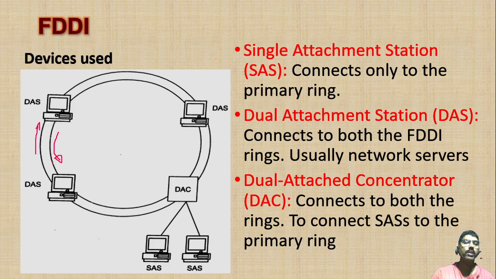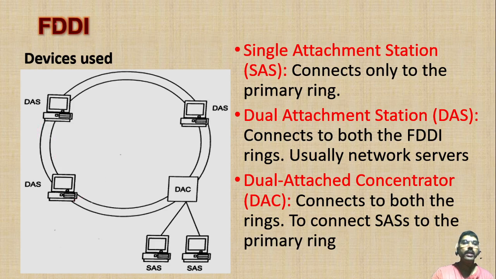So it is called counter rotating. If any one line breaks, for example, if this line breaks, the link will be done this way and will create a new temporary ring.